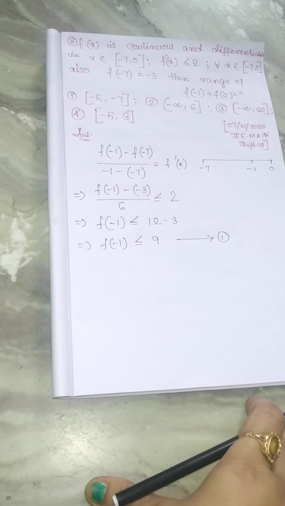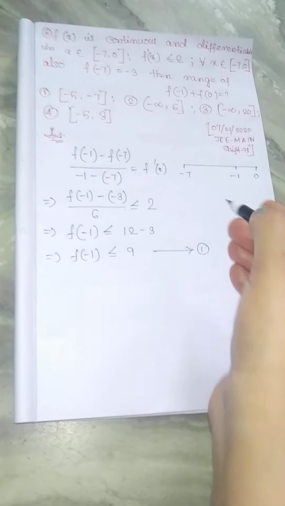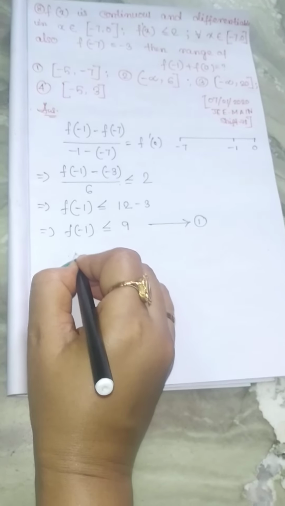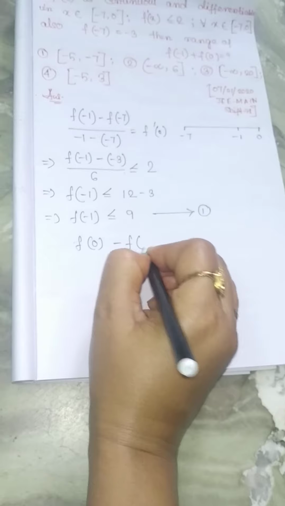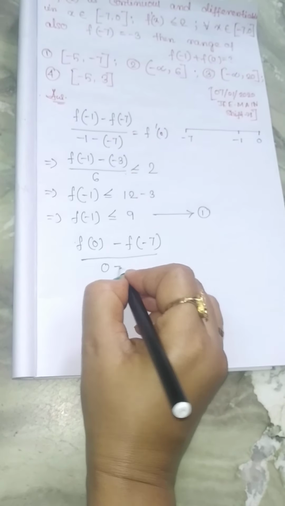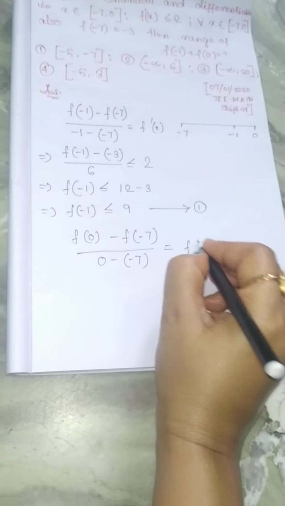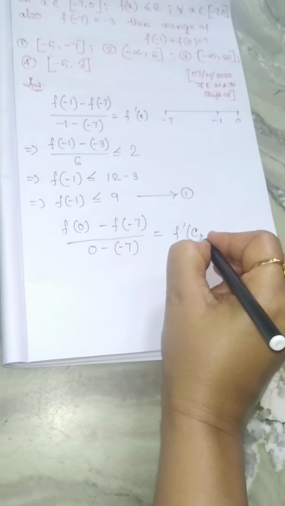Then for the remaining interval -7 to 0, we apply Lagrange's mean value theorem once again. So (f(0) minus f(-7)) divided by (0 minus (-7)) is equal to f'(c2).